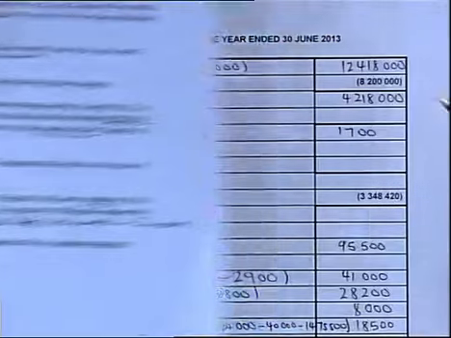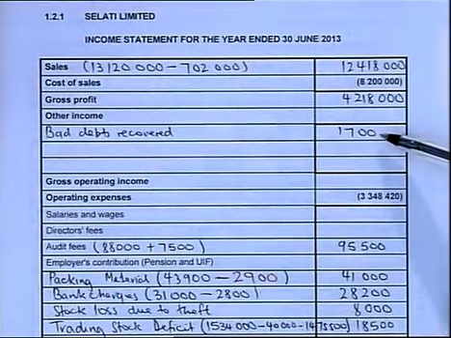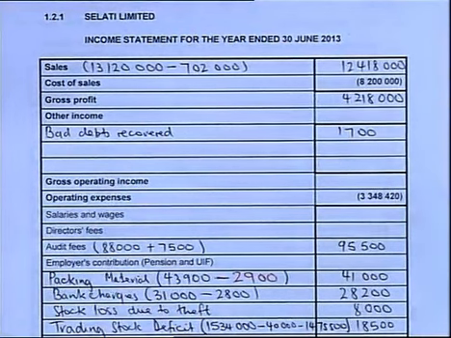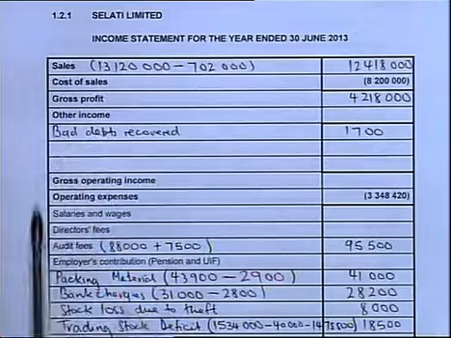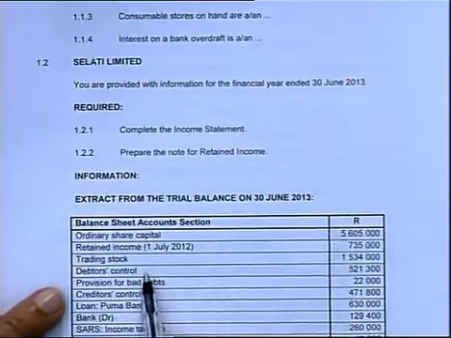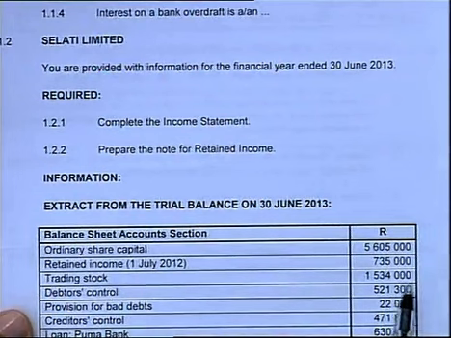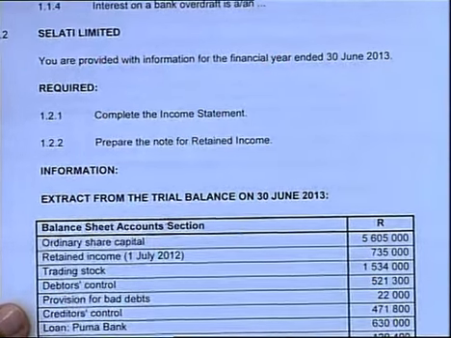That is why now we have to record the 1,700 as bad debts recovered in the income statement under the income. But also, we have to go and fix the mistake, because the debtors control account, they deducted 1,700 and then they came to that figure of 521,300.